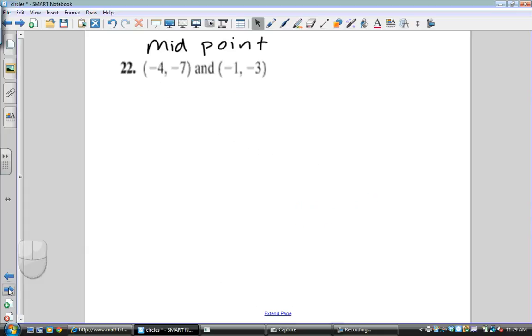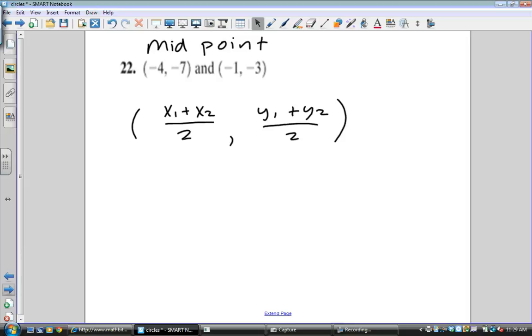Now, let's look at number 22. This one asks to find the midpoint between these 2 points. So let's go over our midpoint formula here. It is x1 plus x2 over 2. That gives me the x-coordinate. And then y1 plus y2 over 2 gives me the y-coordinate.